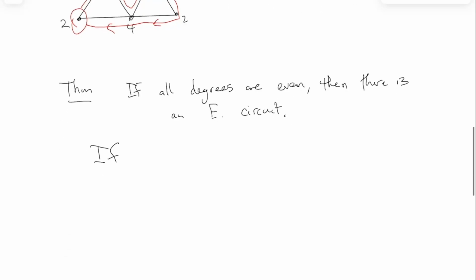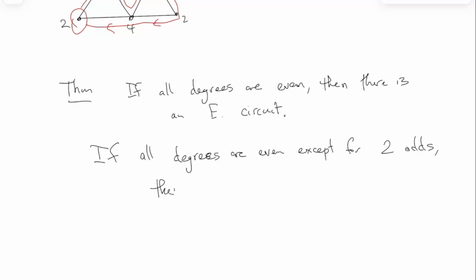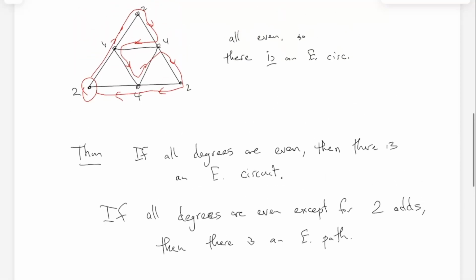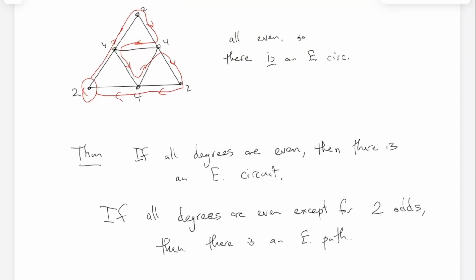And the other rule about paths: if all degrees are even except for two odds, then there is an Euler path. Right, this is the theorem. If all the degrees are even, there's an Euler circuit. That was the case in this example up there. Those are all evens. And if all of them are even except for two odds, then there is an Euler path.